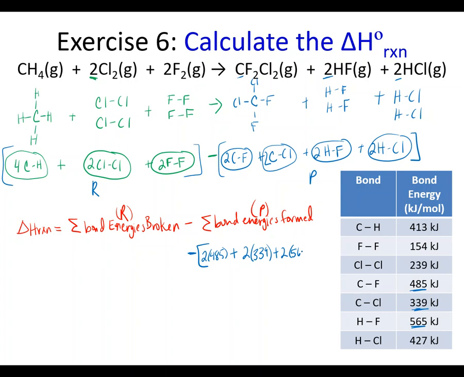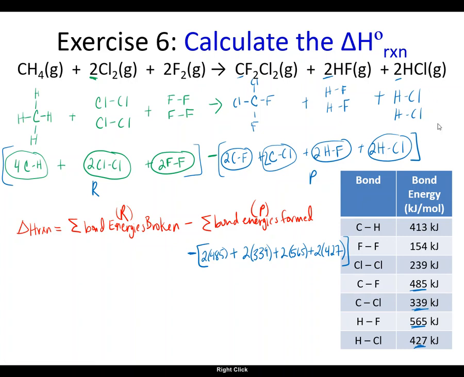Wow, that's quite a large bond energy for a single bond. And then 2 HCl's here. So the H to Cl, that's down here at the bottom. 427. So this is my products.